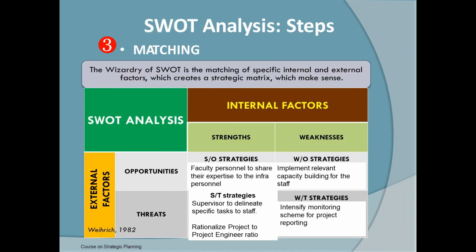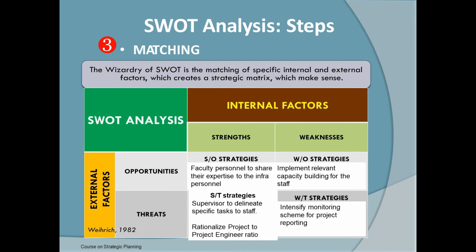In here, there might be a multitasking happening in the office that could be eliminated by the assignment of specific tasks to the staff to avoid multitasking. So there will be a focus on what are their roles and responsibilities.